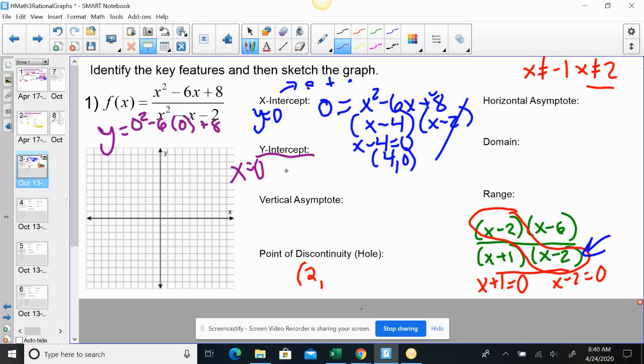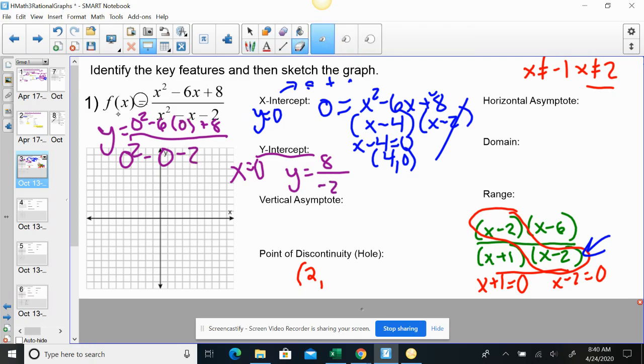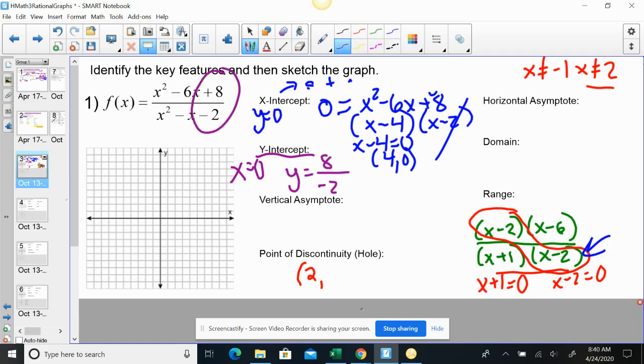So that just gives me 8 in my numerator, divided by 0 squared minus 0 minus 2, negative 2. What's going to happen with your rational functions for your y-intercept is it's really just going to be the constant values. Those constants mean they're not attached to variables. So 8 over negative 2 is negative 4. So my y-intercept is going to be at (0, -4).